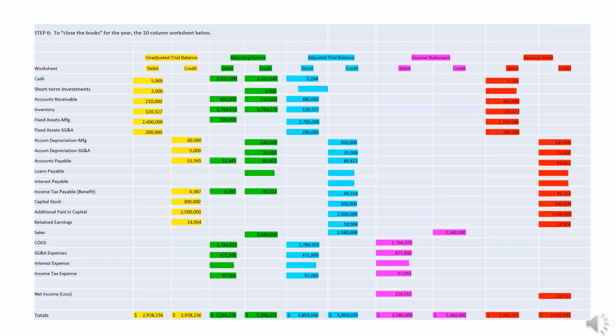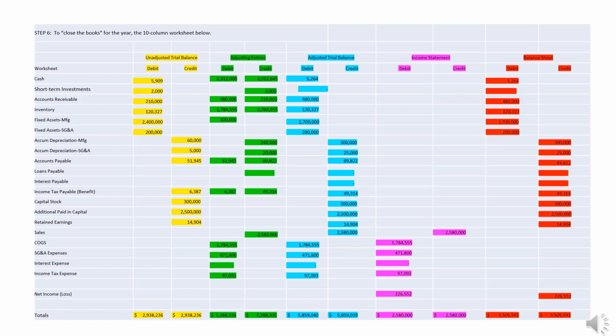If you look up at the top, I start with $5,909 in the cash account. I post a debit to the cash account to increase, that is from the collections of sales, and then a credit to decrease the cash account by those cash expenses that we had.